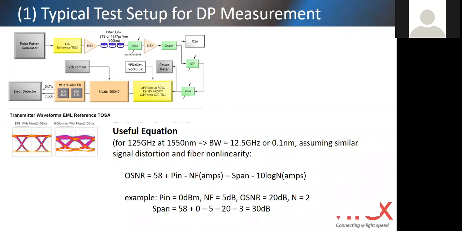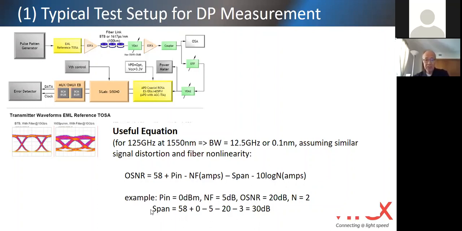Assuming very similar signal distortion from fiber nonlinearity, you can calculate the signal to noise ratio by using the equation here: 58 plus the power input to the receiver, plus the noise figure of the amplifier, minus the span loss, minus also 10 log of the number of amplifiers.